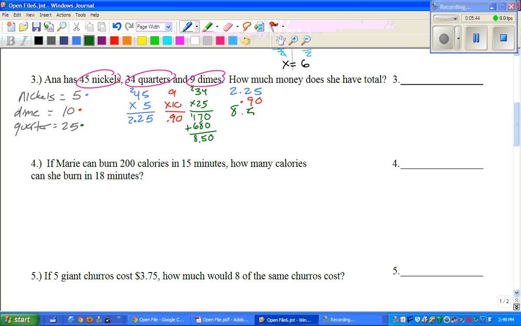Okay. Make sure to line everything up and then add. So we got 5. 2 plus 9 is 11, plus 5, 16. Carry the 1, and you get 1165.